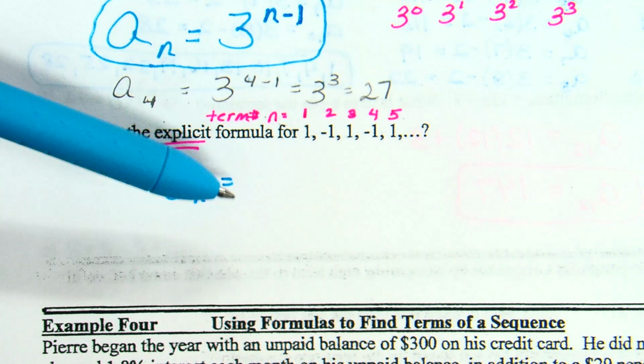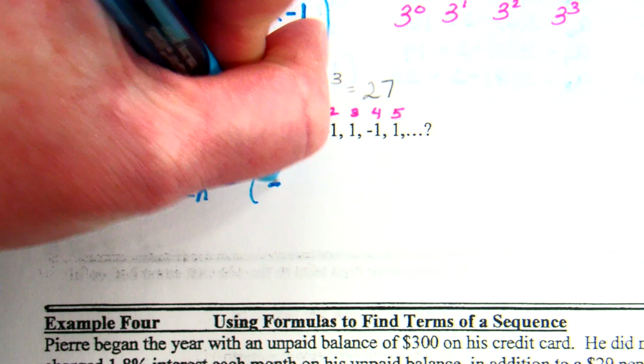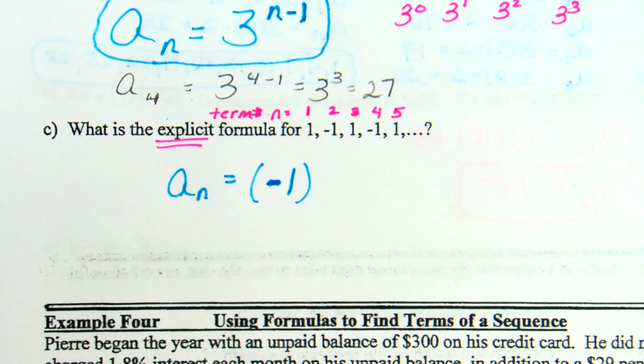So think about this. Could I do negative 1 to the power of n? Does that work? Negative 1 to the first. Does that give me 1? No. Negative 1 to the second. Does that give me negative 1?